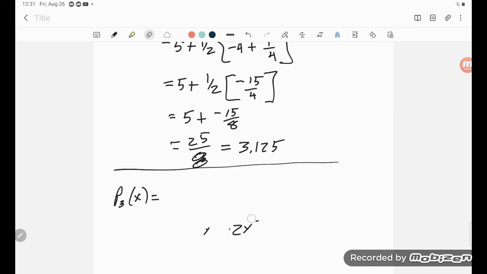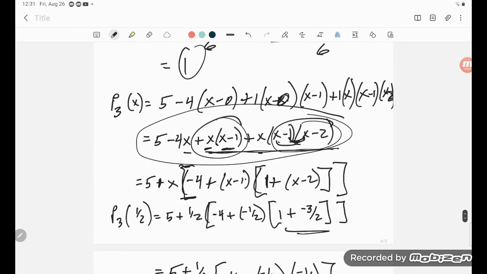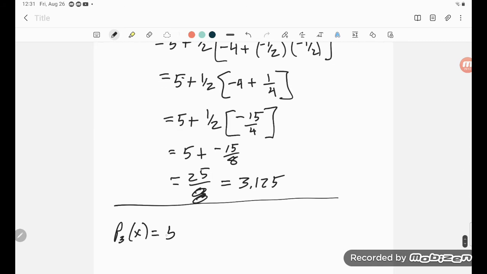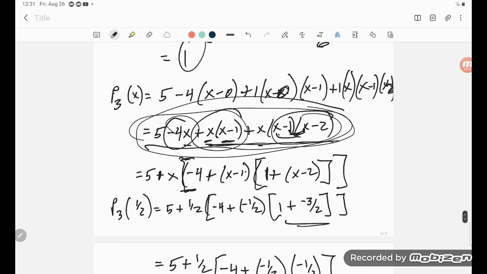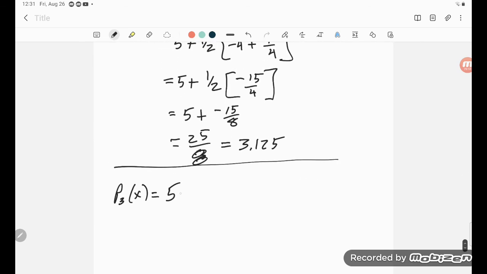The problem was that I went back here and I said, okay, let's take this thing and multiply it out. And I said 5. But then I didn't do the minus 4x. So we've got minus 4x.